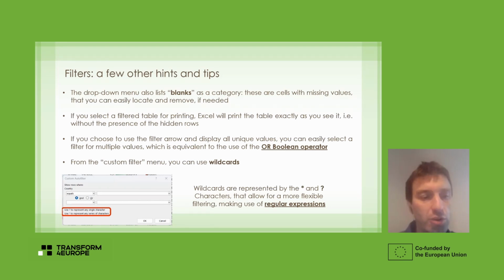How do they work? Well, we might want to use them sometimes if we are really unsure about the full range of values that we might have in a given cell, but we want to, for example, keep all the values that start with a given letter and end with another one.